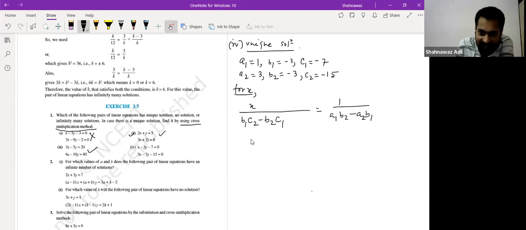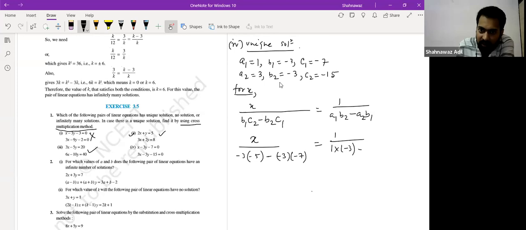So x by what? B1 is -3 and C2 is what? -15. And B2 is what? -3 and C1 is what? -7. So there are so many minus signs. And A1 is 1, B2 is what? -3.